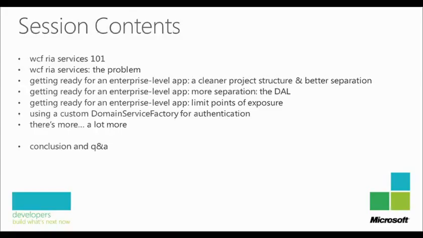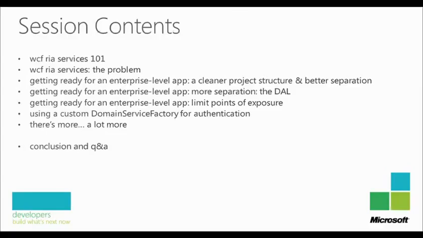Because this session is about getting something we get out of the box, a framework, WCF RIA services, and making it enterprise ready. So first of all, we will need to know why we want to insist on using that framework, and to do that, we need to know what it's all about. I will immediately go into one of the problems with WCF RIA services.